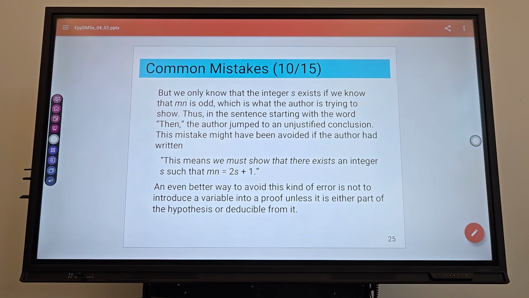This mistake might be avoided if the author had written, this means that we must show that there exists an integer s such that mn equals 2s plus 1. An even better way to avoid this kind of error is not to introduce a variable into a proof unless it is either part of the hypothesis or deducible from it.